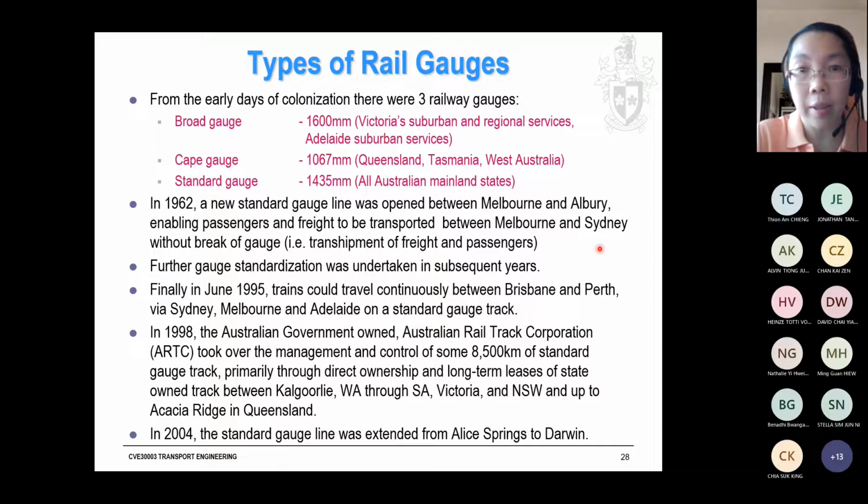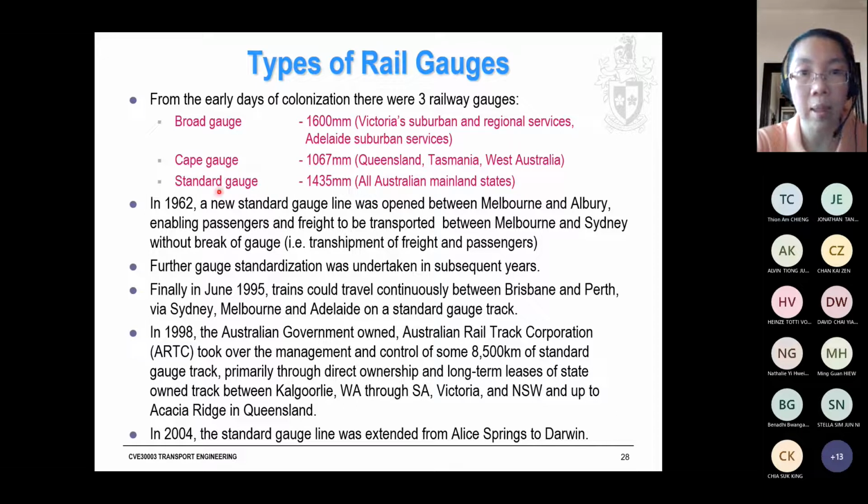All right, so moving forward, we look at the types of rail gauges that we have, okay? And like what I've said just now, because in Australia, the rail system started at different places, each state has its own rail system. So you could see that these are the three different rail gauges: broad gauge, cape gauge, and standard gauge.